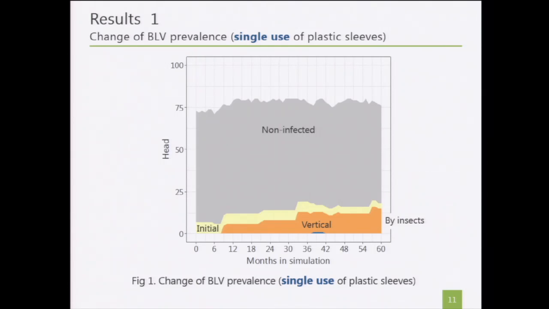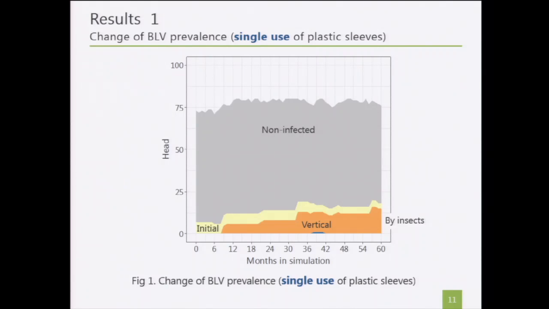And this is the result. This figure shows the change of BLV prevalence in one simulation when the farm was assumed to use one plastic sleeve for one cow. The X-axis means the month in the simulation, and here is the start, and here is the end. And the Y-axis shows the number of cows.